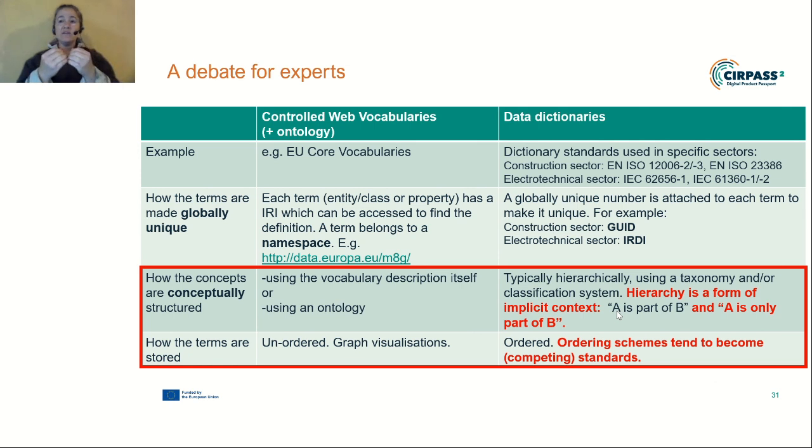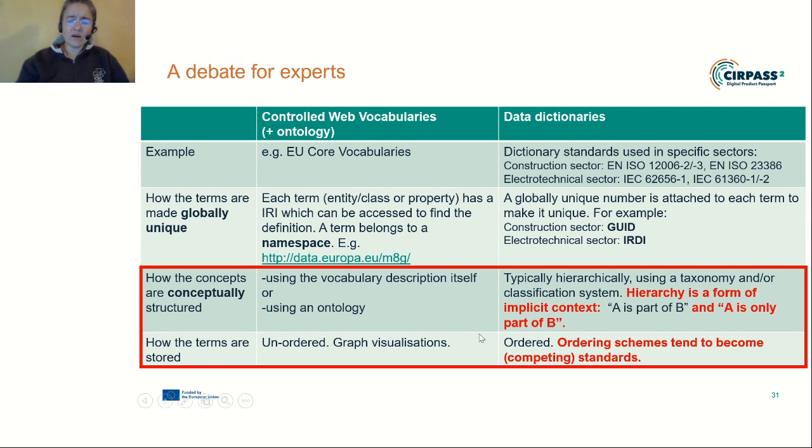Indeed, when I have a term that belongs to another term, like a class that belongs to another class, so class A is part of class B, or is an instance of class B, or inherits from class B, the hierarchy implicitly also states that A is only part of class B. So there is some implicit information in the model that is absent from the controlled web vocabulary approach, where the relations between the terms are made explicit.